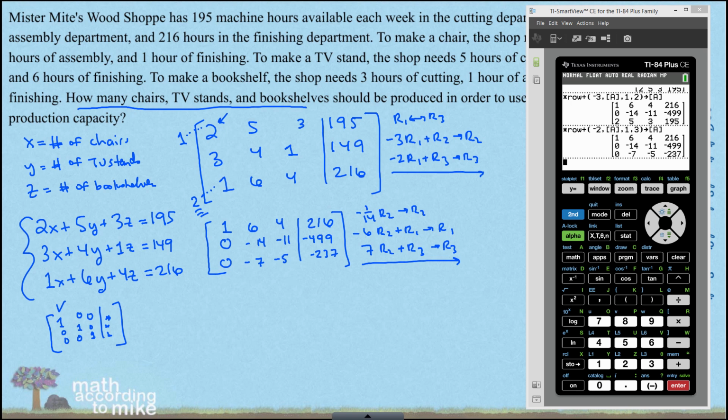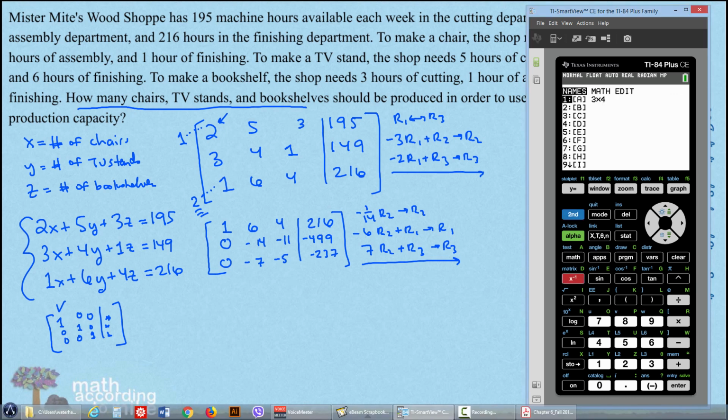Okay, so we have a new operation, multiply a row by a non-zero number. We'll go to second matrix, scroll over to math, scroll up, and this time we're looking for star row. Star row multiplies a row by a non-zero number. Select it. This has 3 inputs. The number you want to multiply, negative 1/14.